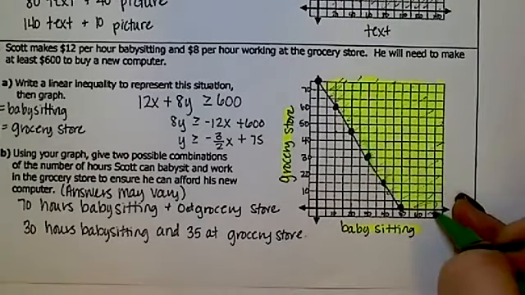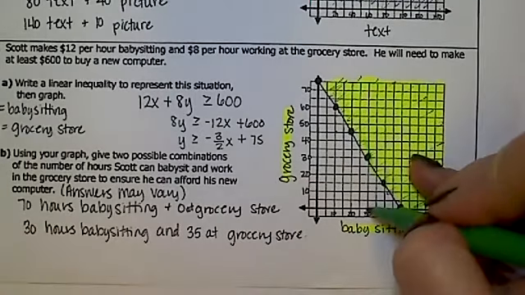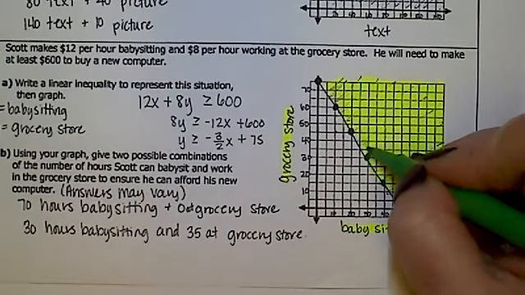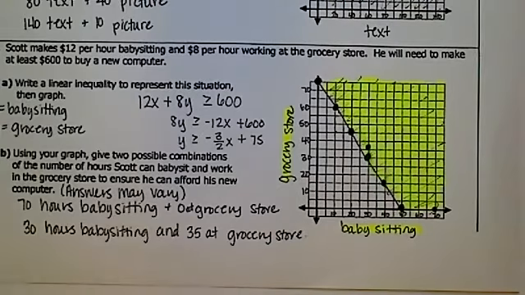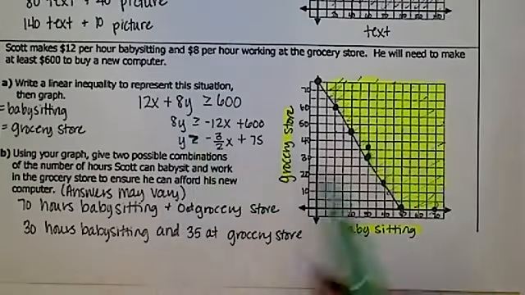I picked 70 hours of babysitting and 0 hours at the grocery store. Okay. You could have 30 hours of babysitting and 35 hours here at the grocery store. So anything in your shaded area would give you greater than. Okay.